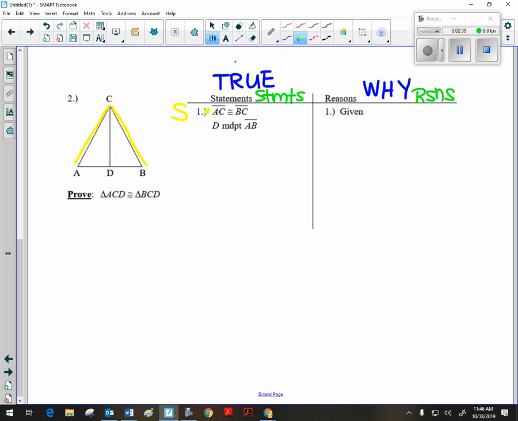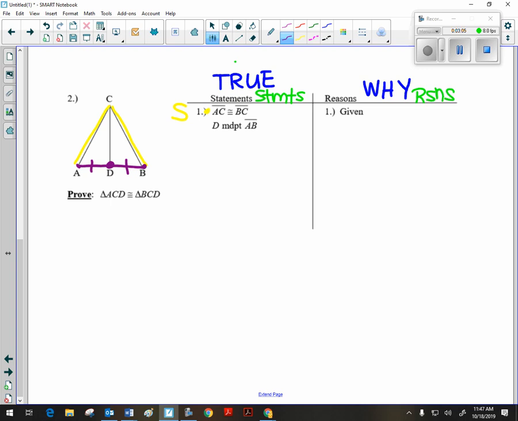If I move on to the next given piece of information, what is told to me is that I have a midpoint along the segment that goes from A to B. So there's a segment that goes from A to B, and right in the middle is what we call the midpoint. And what we learned in a previous unit is that when we have a midpoint sitting on a segment, the 2 parts will be equal to each other.